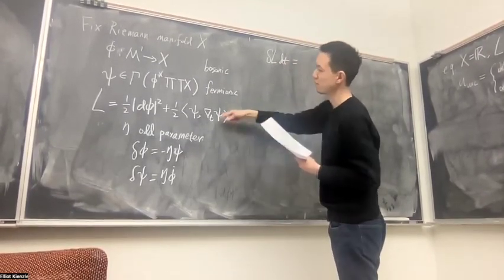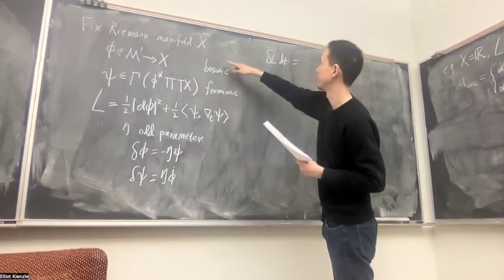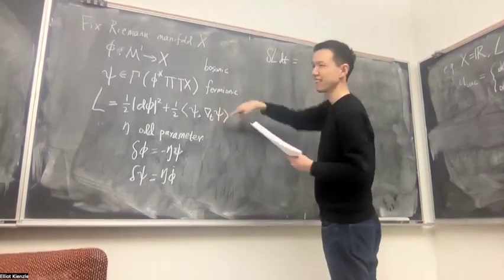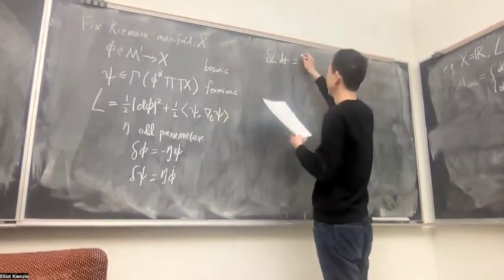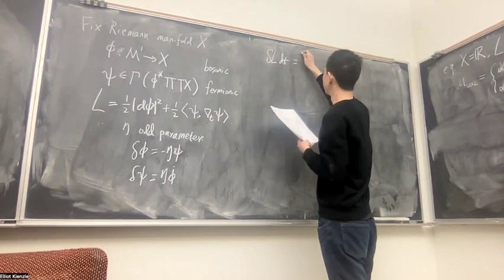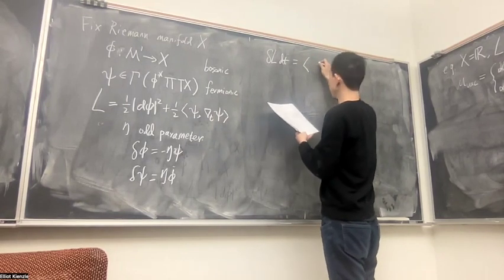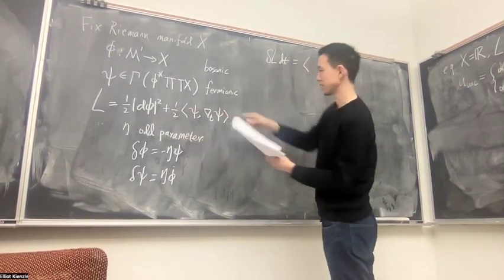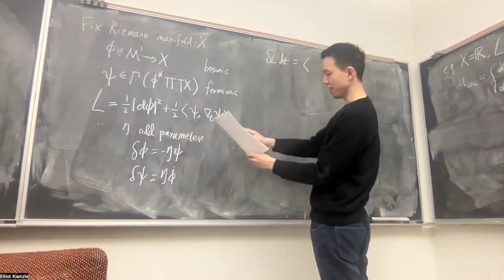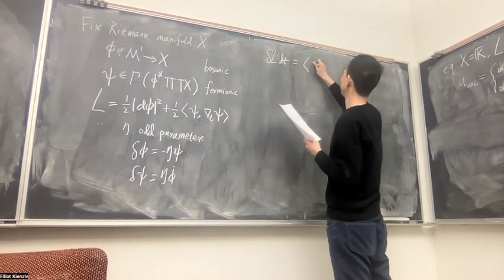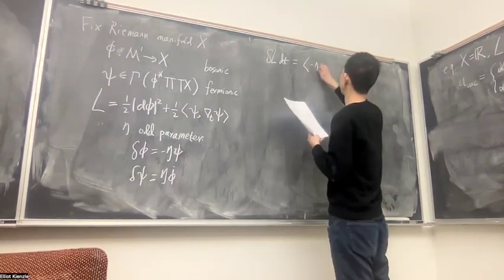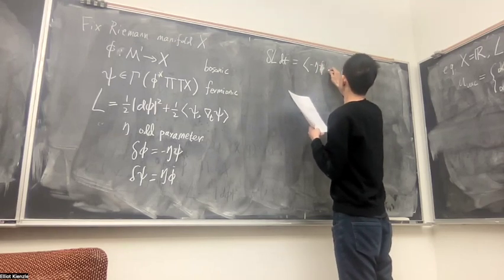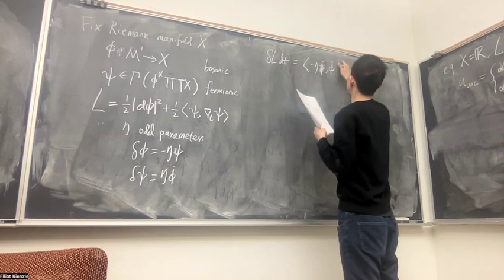So for simplicity, let's say our Riemannian manifold is flat, so that we don't get a lot of curvature terms or whatever. The thing you'll get is, from this variation of phi, something like phi dot times psi dot, so minus eta psi dot and phi dot.